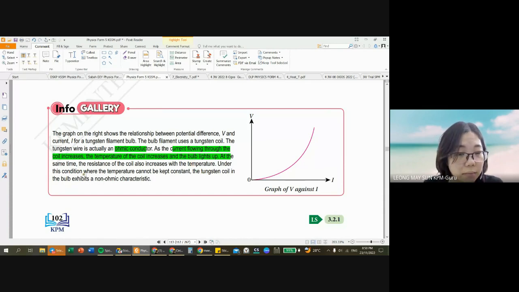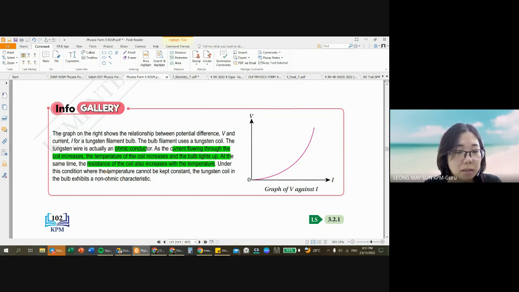At the same time, this is the key condition: when it lights up, the resistance of the coil will increase with temperature. The higher the temperature of the bulb, the higher the resistance. When the resistance increases, the current value slowly drops.